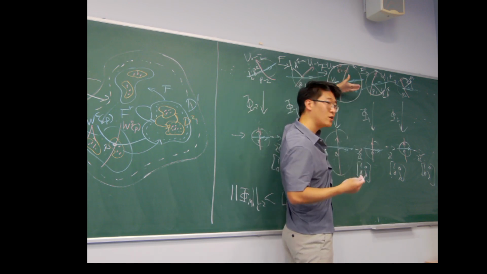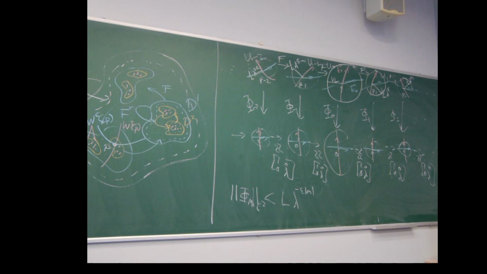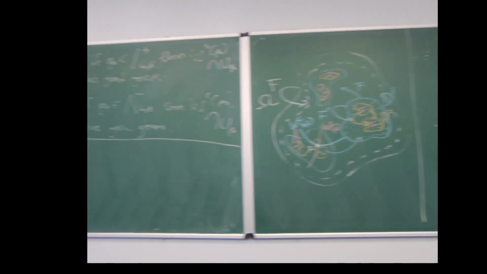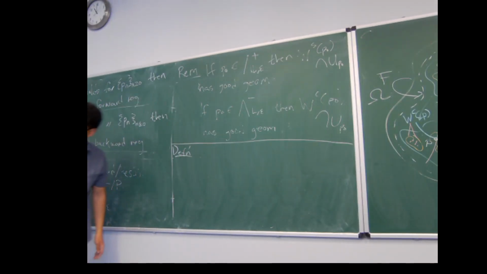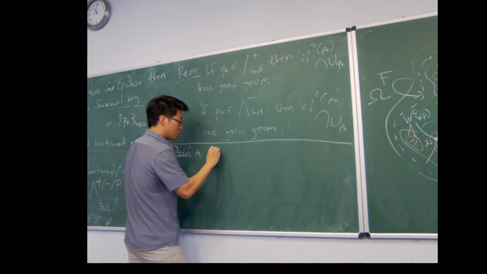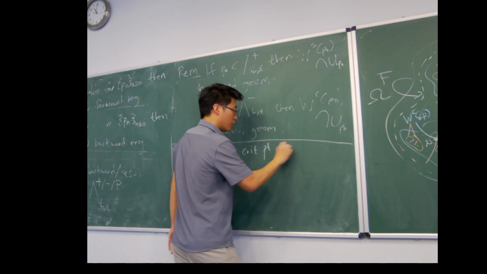Because here they're transverse, so it's possible to split them apart into horizontal direction and vertical direction. But if they were tangent to each other, then that would not be possible. So we define an epsilon regular critical point of quadratic type for these surface diffeomorphisms.